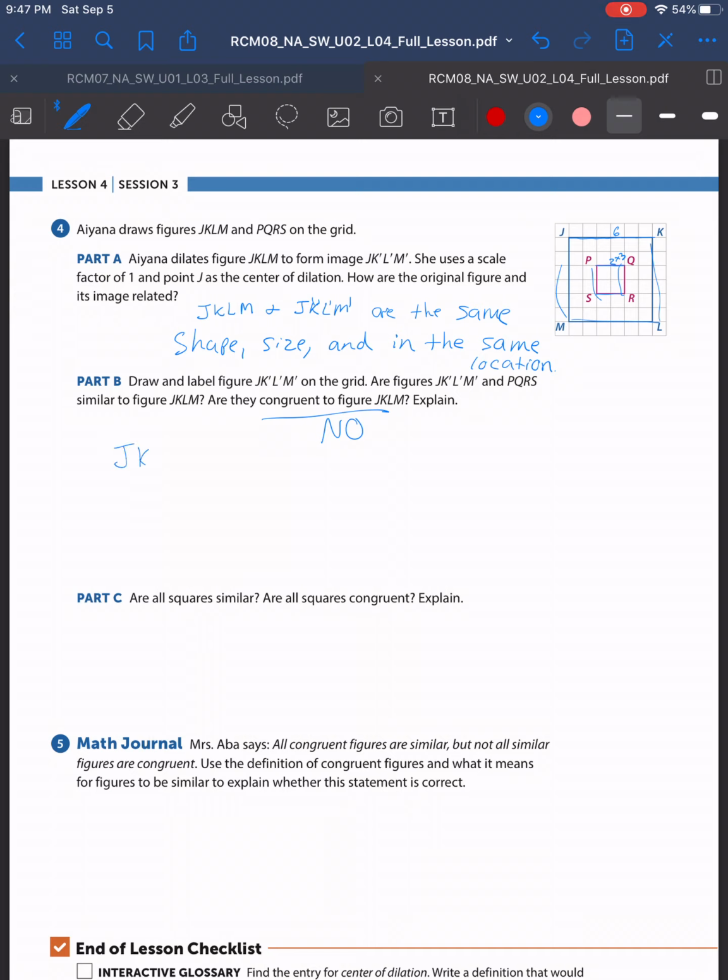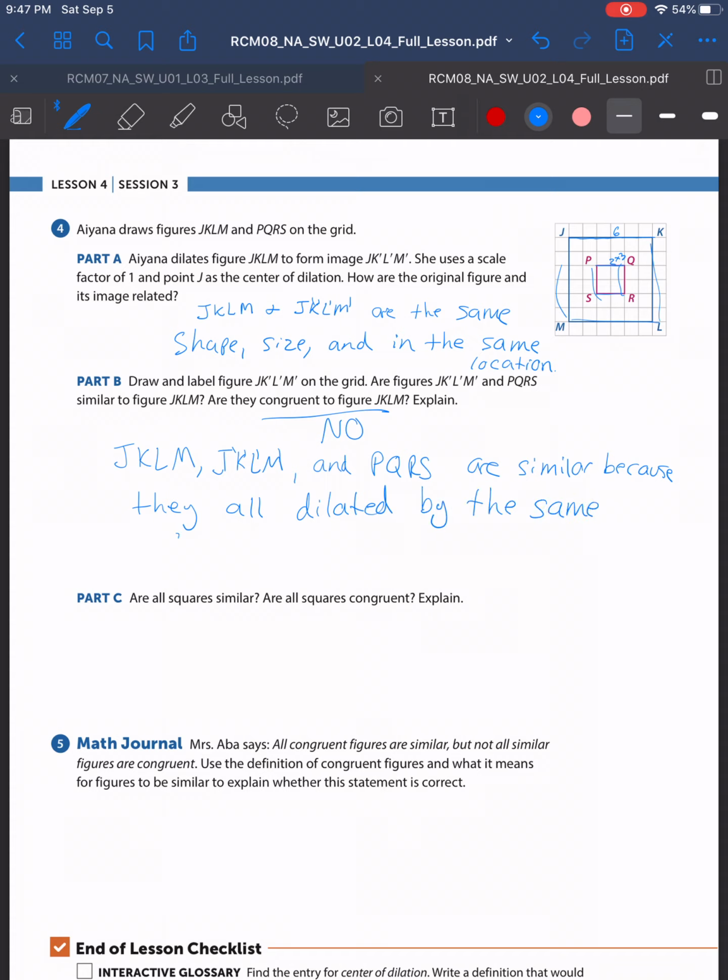So JKLM prime and PQRS are similar, because they all dilated by the same scale factor of 3.